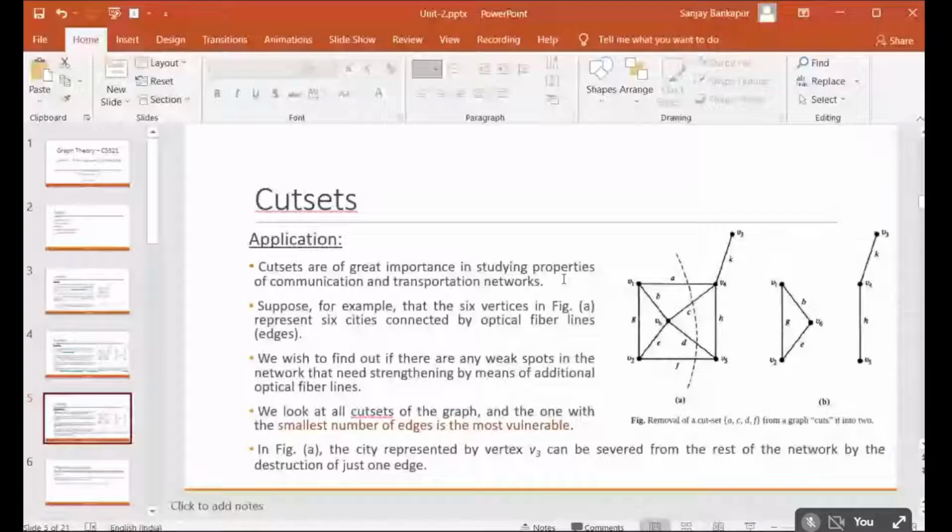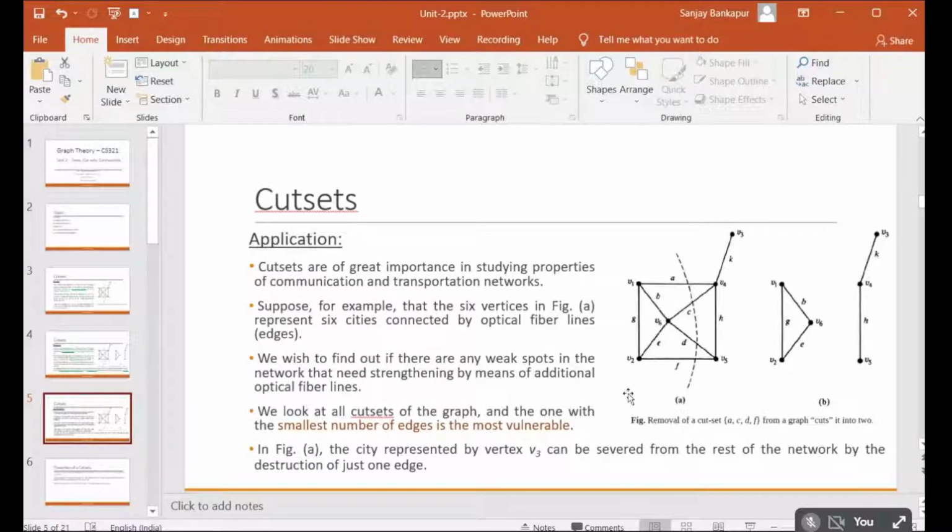For example, in this graph we considered 6 vertices representing 6 cities, and they are connected through optical fiber lines. And we wish to find out if there are any weak spots in the network that need strengthening by means of additional optical fiber links.